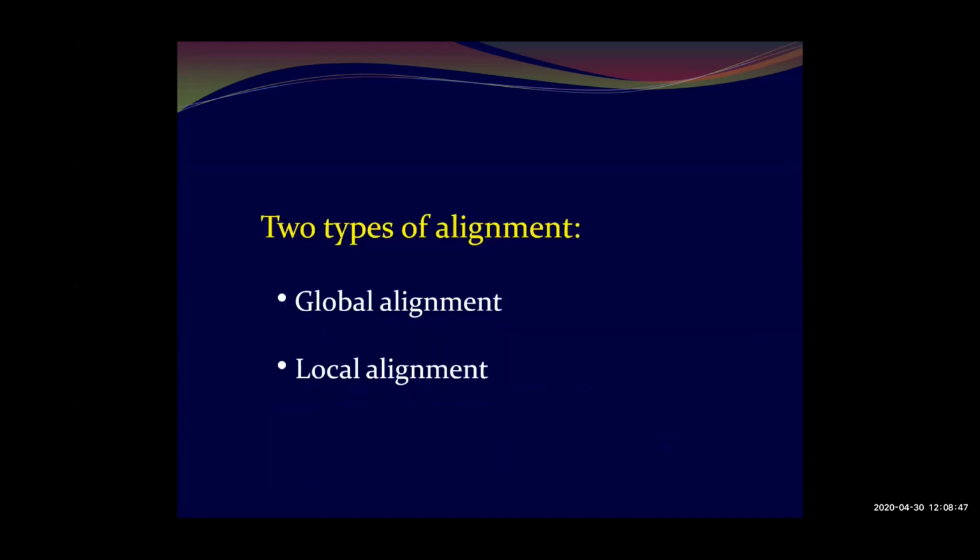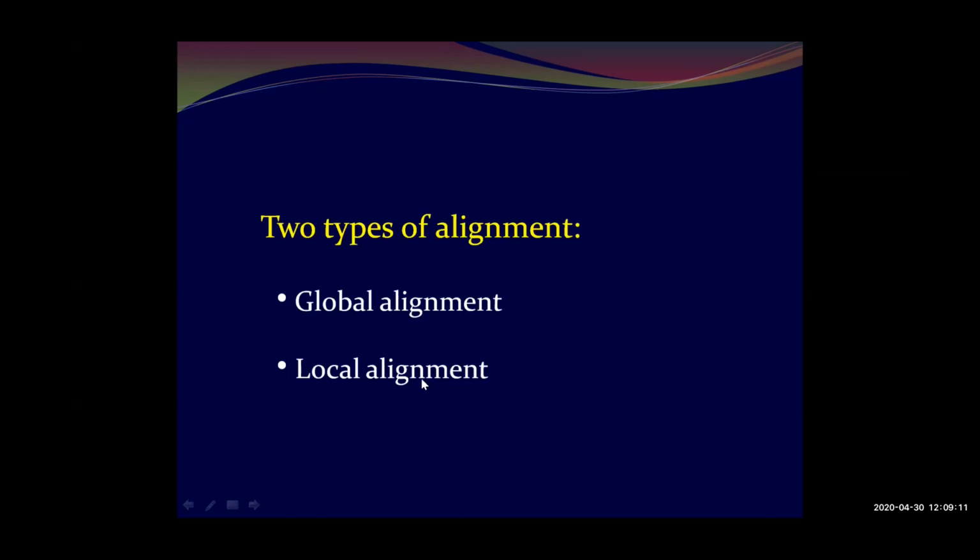Now there are basically two kinds of alignment. One is called global alignment and the other is called local alignment. Global, not in the context of the whole globe or earth, but in terms of the entire sequence.